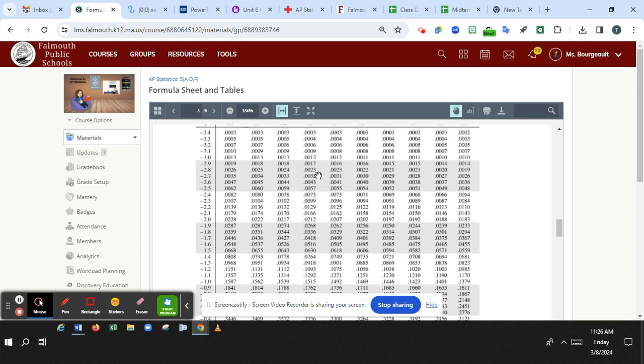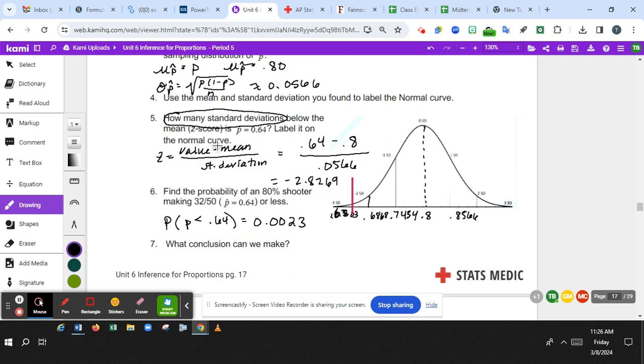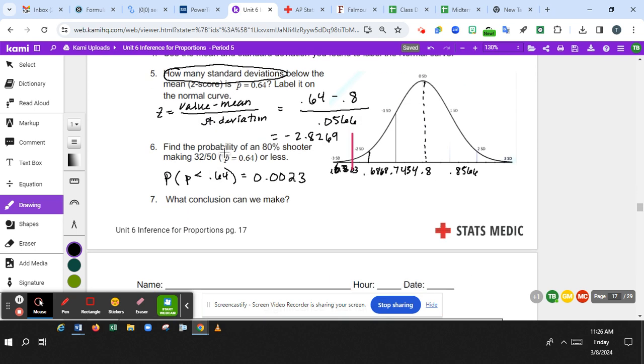So that is a probability of 0.0023. So the probability that p hat is less than 0.64 is 0.0023. Is that large or is that small? It's pretty small, right? It's more than pretty small.